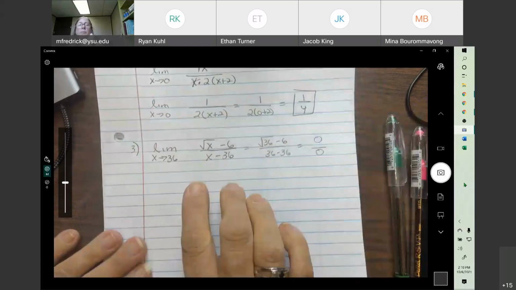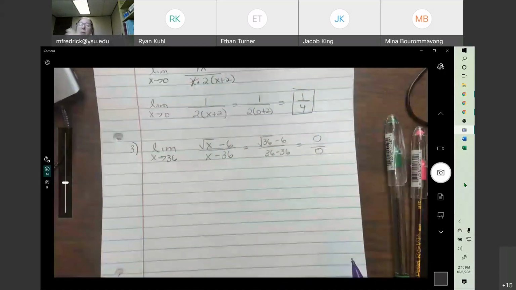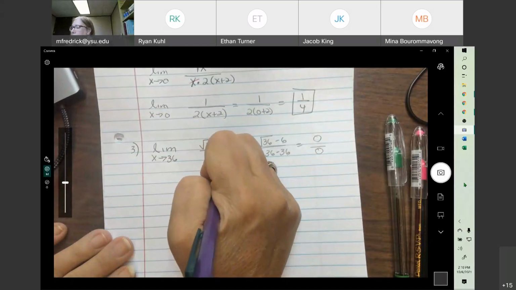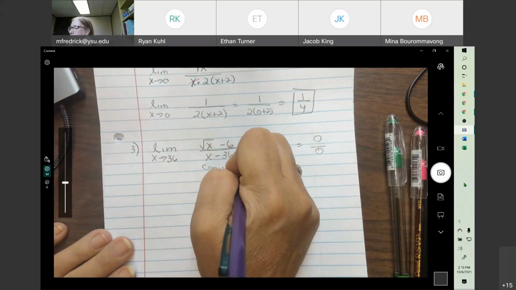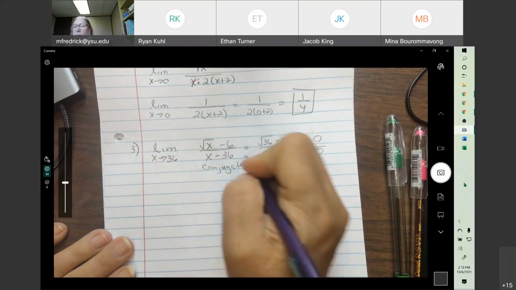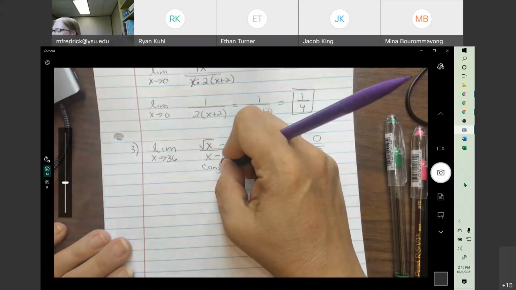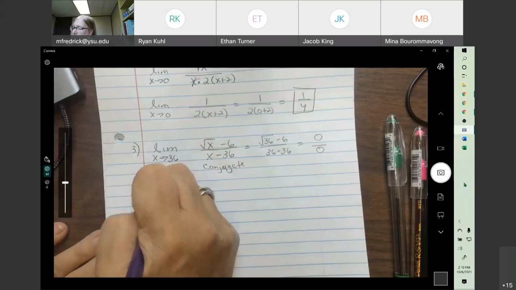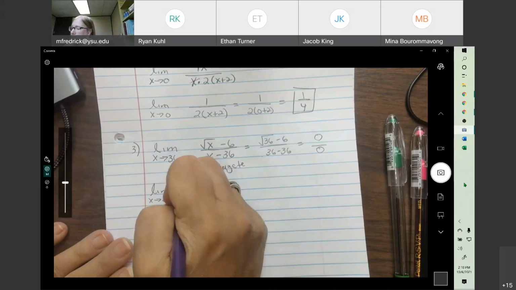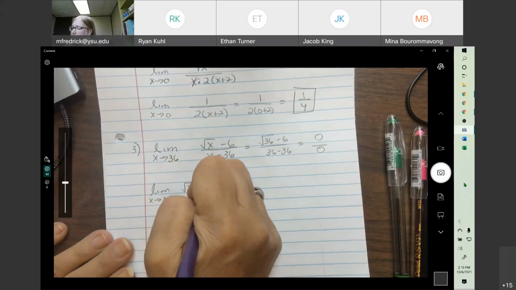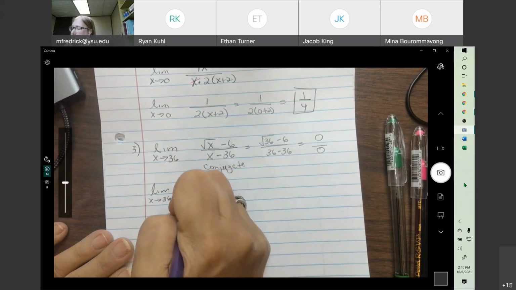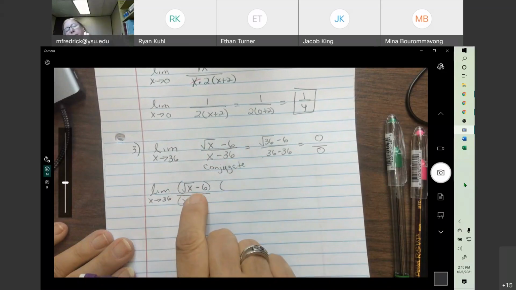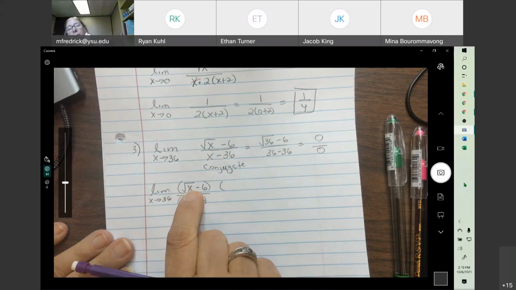When you have two terms and one of them is a square root, in order to simplify them, you multiply by what's called the conjugate. So we're going to take our square root of x minus 6 and our x minus 36, and we're going to multiply by the top's conjugate because we want to get rid of that radical.